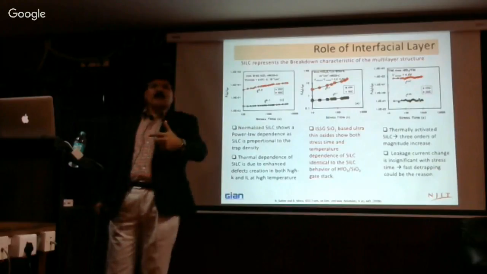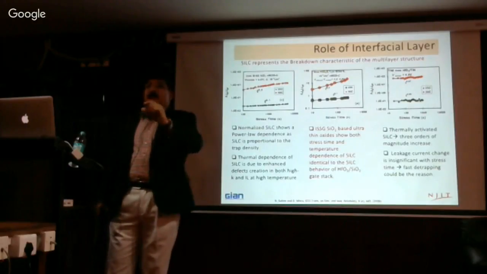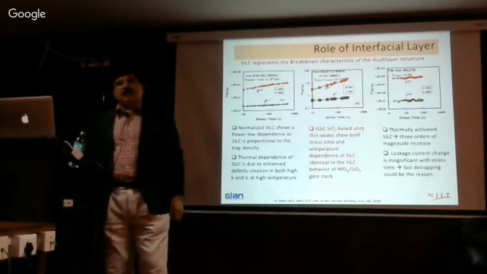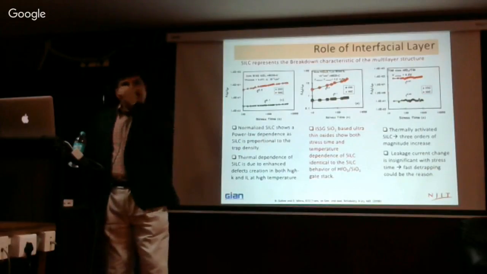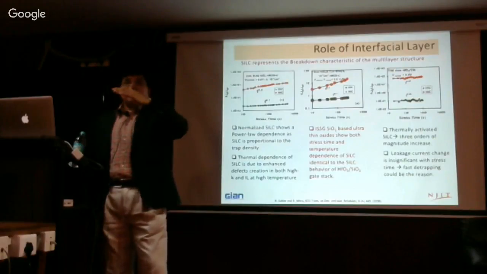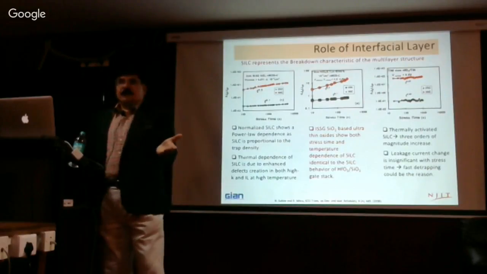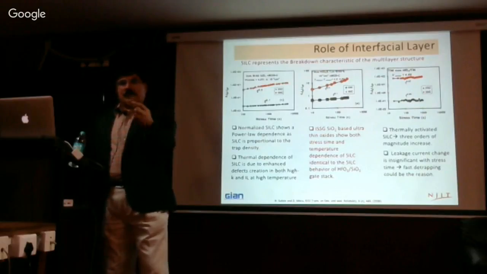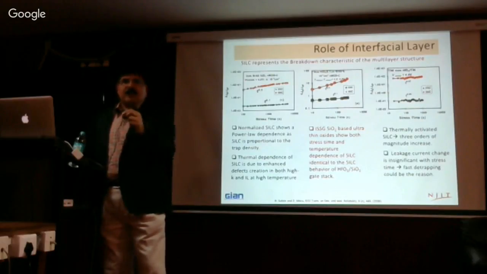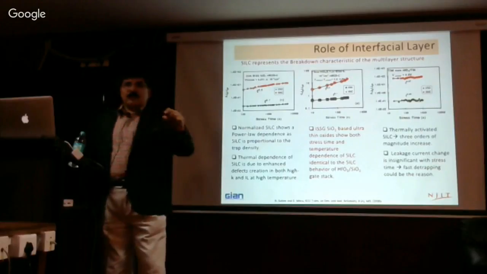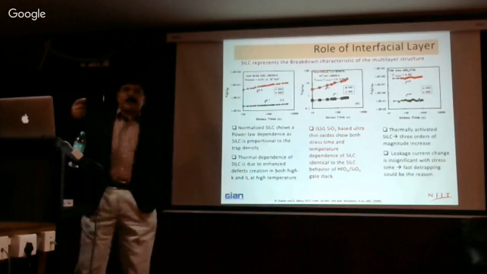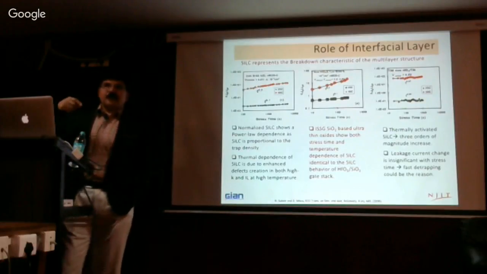Let's say if I apply 10 volts across this, you can get 8 volts across that thin oxide and maybe 2 volts across the high K, because the dielectric constant is different. So the field across the silicon dioxide is much higher than across the high K. That was actually reported. But it is direct evidence of the breakdown and defect generation in the silicon dioxide interfacial layer, which we reported first. That actually is the weak link in this process.